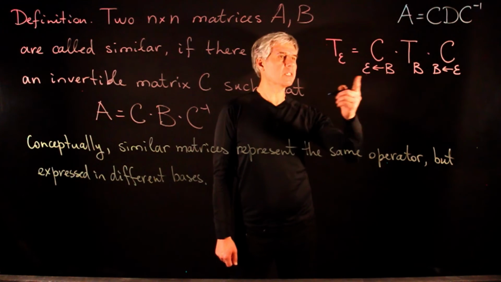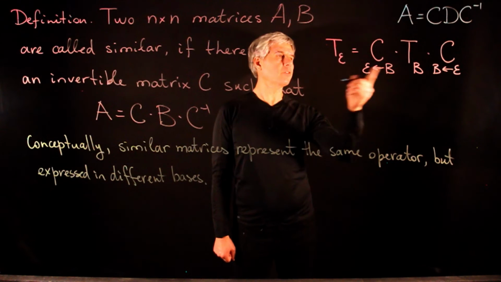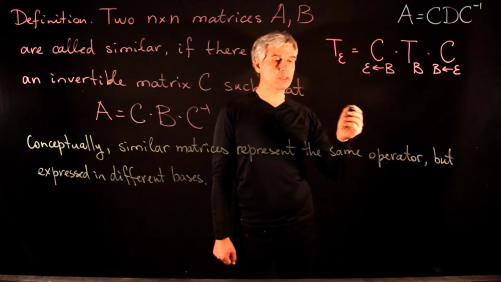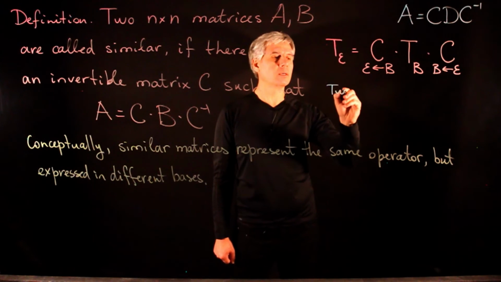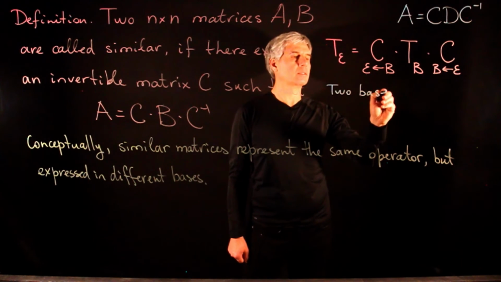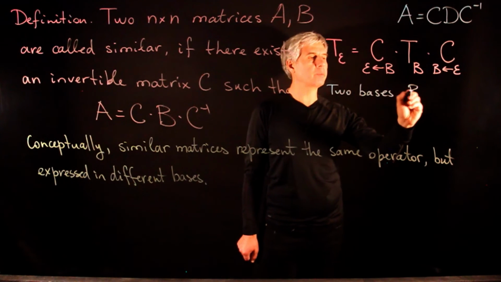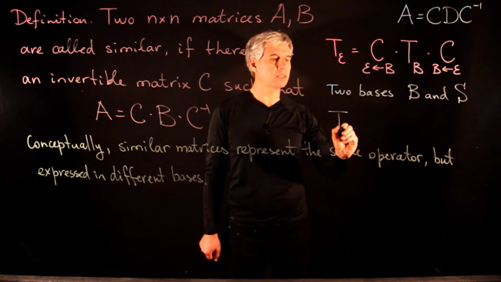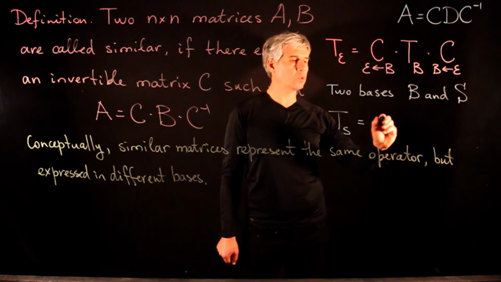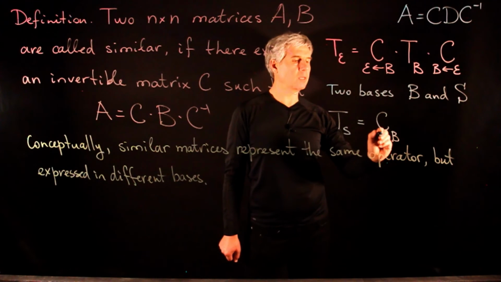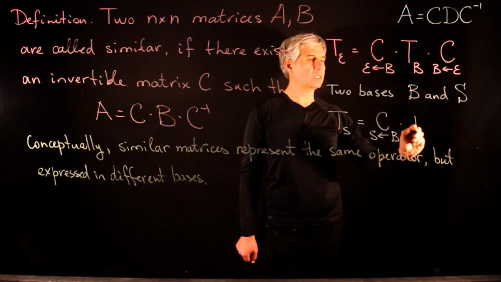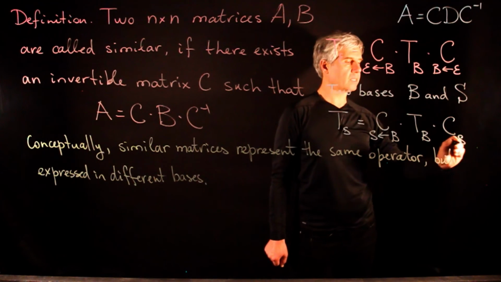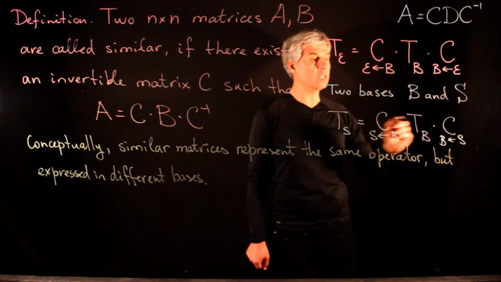We can generalize this formula not only for a pair of a standard and non-standard bases, but we can take two non-standard bases. So suppose we have two bases of the same space, B and S. Then we can write that Ts is equal to the change of basis matrix from B to S times Tb times the change of basis matrix from S to B, which is the inverse here.